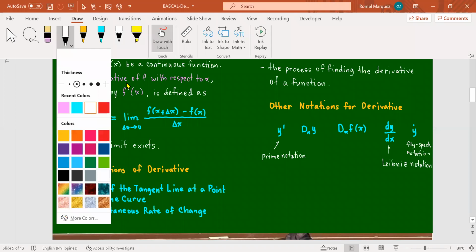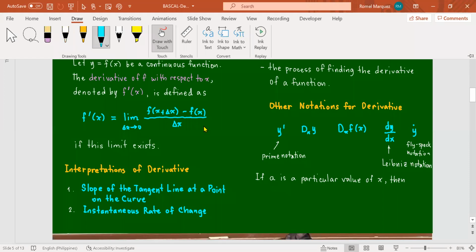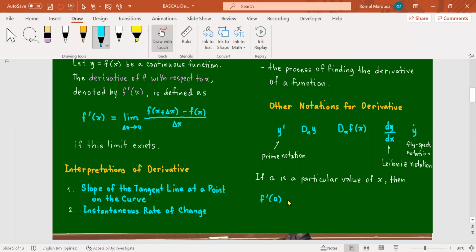So, if you know a particular value, let's say, if a is a particular value of x, then the derivative of f at x, that is at a, is given by this, guys.